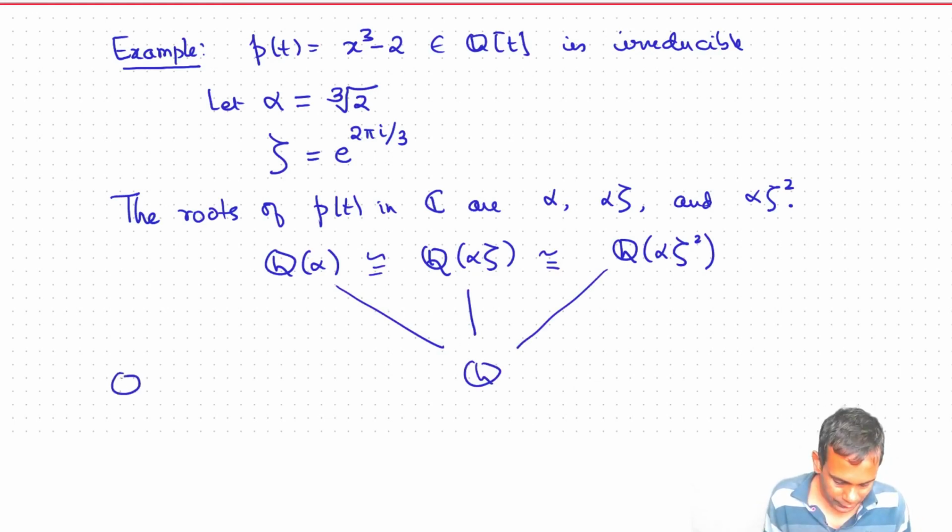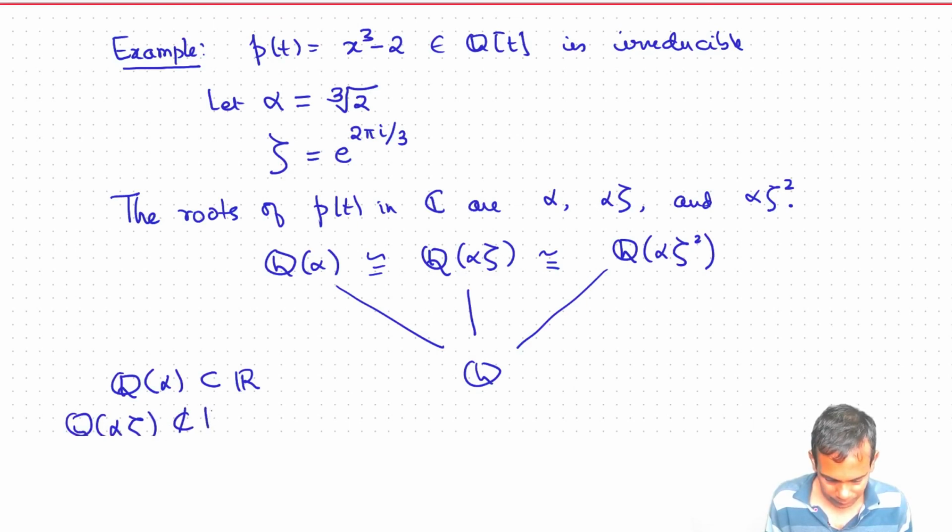But notice that Q(alpha) is a subfield of the real numbers, whereas Q(alpha zeta) is not a subfield of the real numbers, and Q(alpha zeta squared) also is not a subfield of the real numbers.